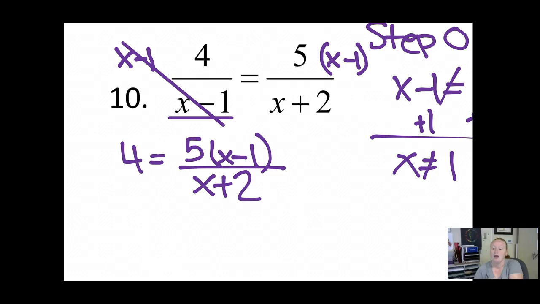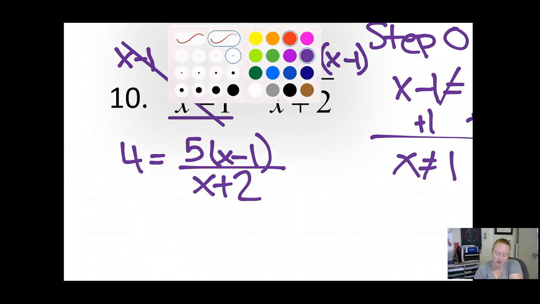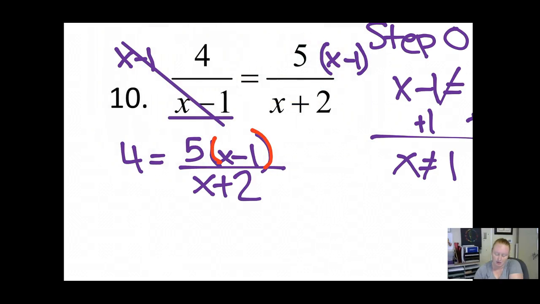Okay? We're still freaking out. Some of you freak out more about these parentheses than you do the things on the bottom. If that's the case, go ahead and distribute first. But most of us are freaking out right here. Okay, we're like, I don't like the fraction. I don't like this thing. I just want it to go away.